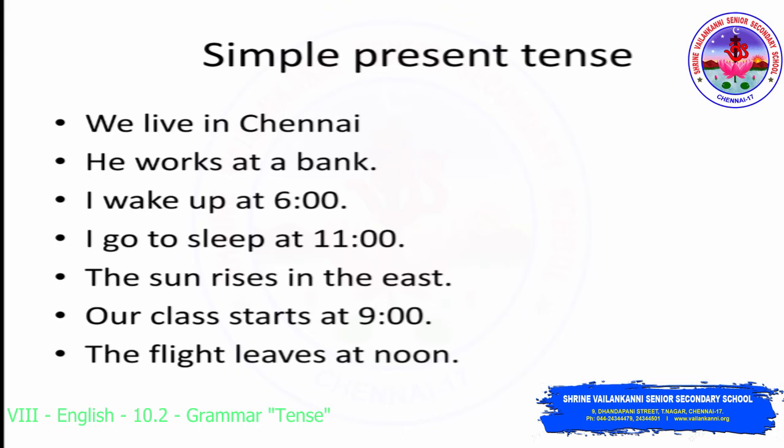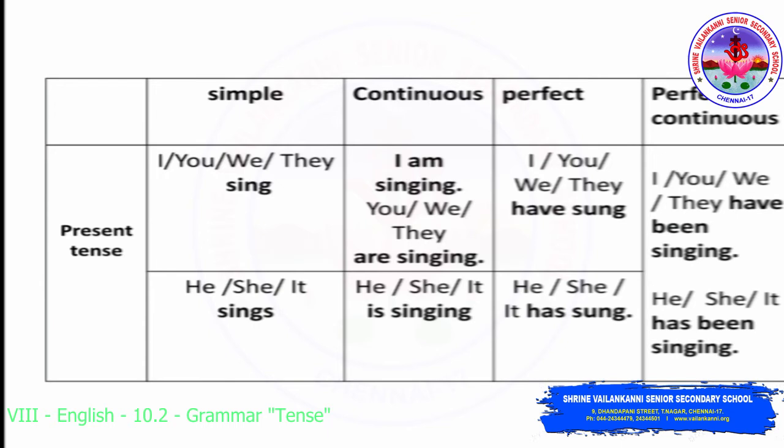Okay. Now next, present perfect tense. What is present perfect tense? I, you, we, they. It has two different kinds of verb, which are have and has. Now if the subject is I, you, we, they, then I use have.